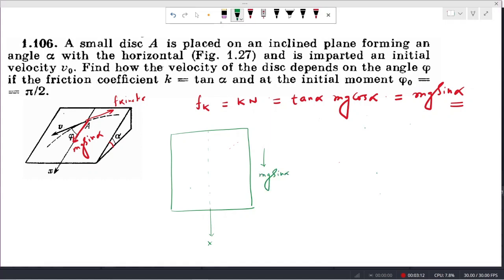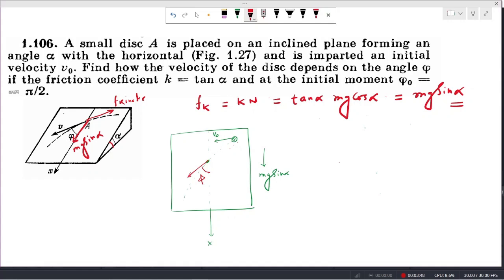Suppose the disk was initially projected from this point with some speed v0, as said in the question, and due to mg sin alpha it will change its direction, and let's say the path it follows goes like this. At some instant its speed is, let's say, v. Velocity will be tangential to the path, and suppose this makes an angle phi with the x-axis, which is the greatest slope here.